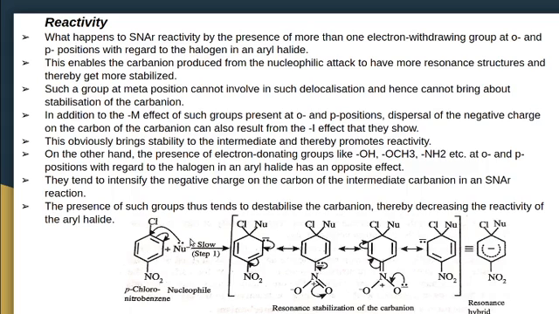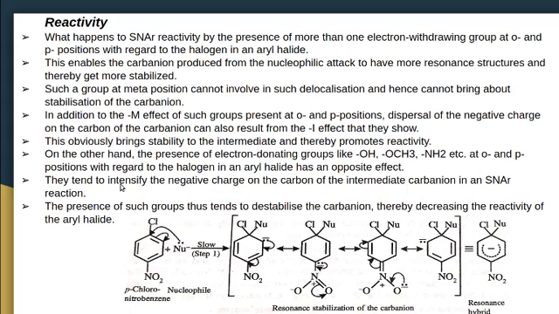So when a nucleophile attacks the ring, there is high electron density and they will repel each other. Because the nucleophile has a negative charge, and because of the electron donating groups the ring also has a high negative charge, they repel each other. So nucleophilic substitution will not occur.